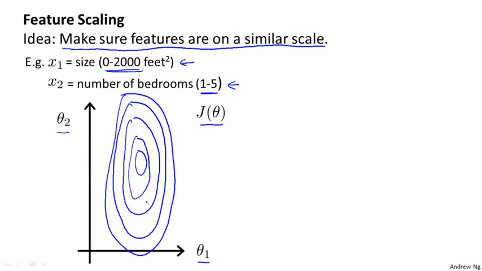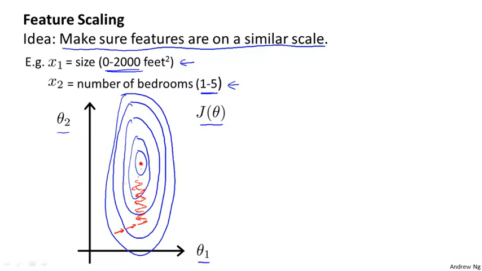And if you run gradient descent on this sort of cost function, it may end up taking a long time and can oscillate back and forth before it can finally find its way to the global minimum.